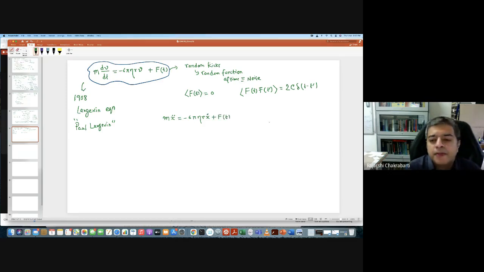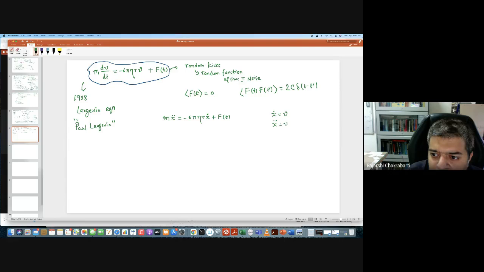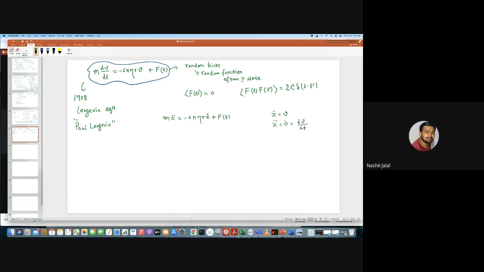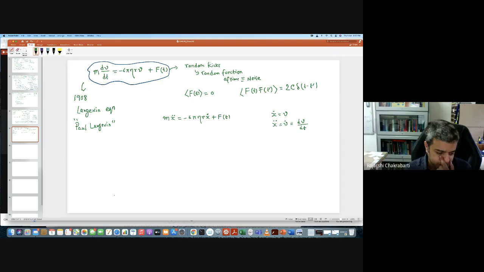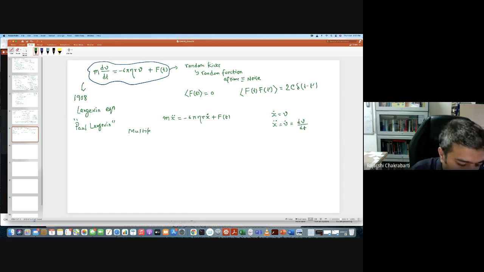Is this clear to all of you? Because x dot is v, x double dot is v dot, which basically means dv/dt, acceleration. The notation should be clear, no? So now you take this and multiply both sides by x.